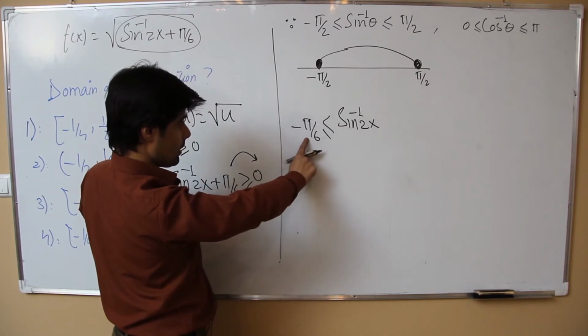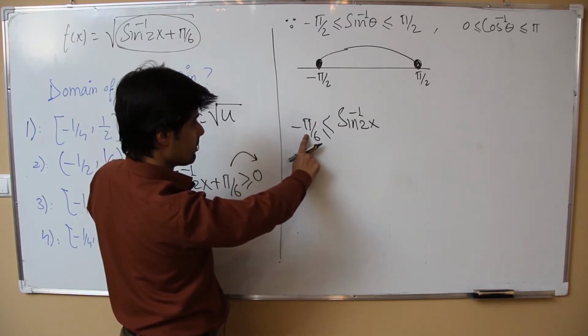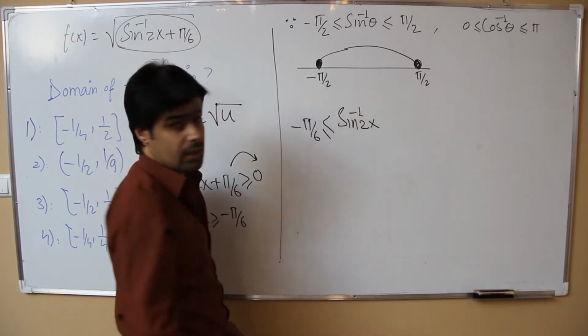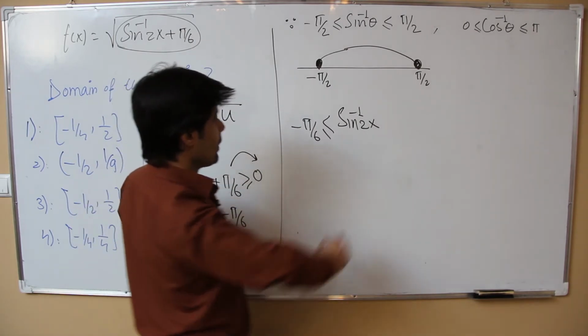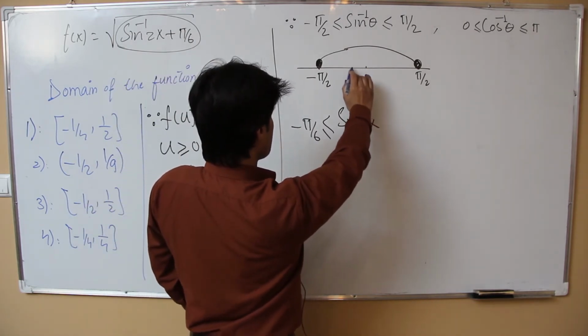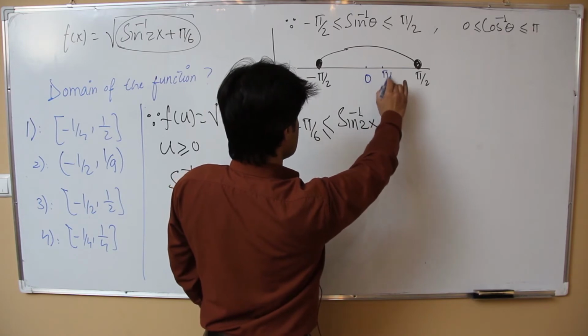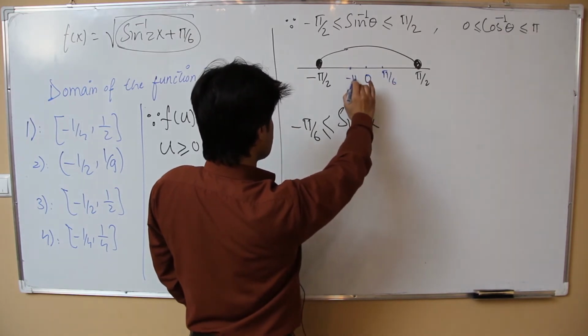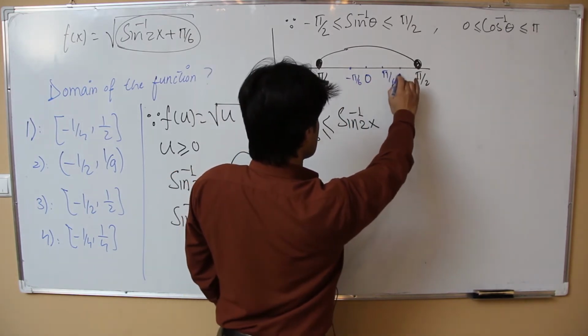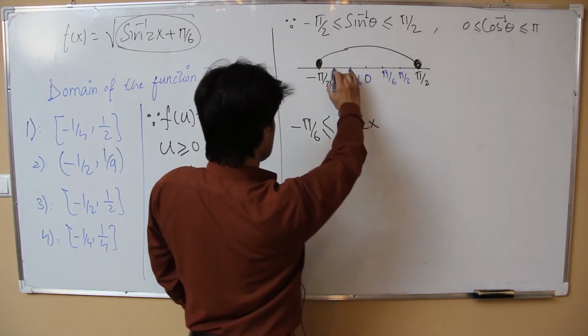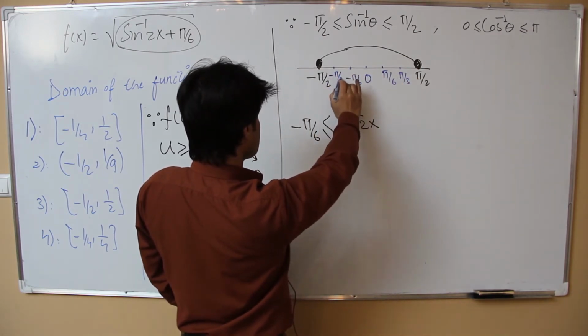Now check this one. Is this minus pi divided by 6 placed in here or not? Yes, we have in here 0. We have here pi divided by 6. Here we have minus pi divided by 6. In here we have pi divided by 3. And in here we have minus pi divided by 3.